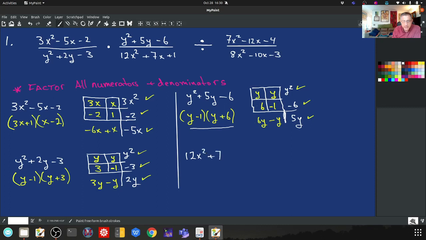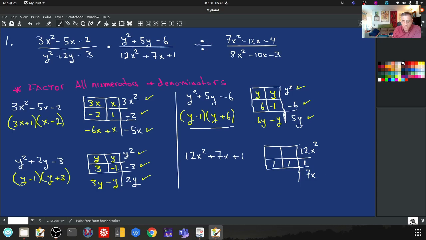So the next one is 12x squared plus 7x plus 1. So again, you just quickly draw your little table. 12x squared, that's not prime, but the nice thing is that 1 is. So down here, for this row here, I only have the choice of 1 times 1. You could also do minus 1 times minus 1, but that would force our middle term to be a minus, and we don't want that.